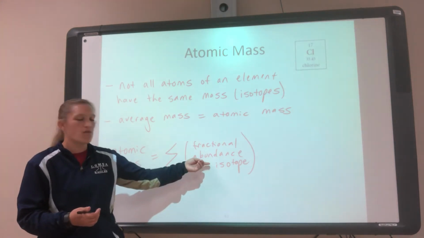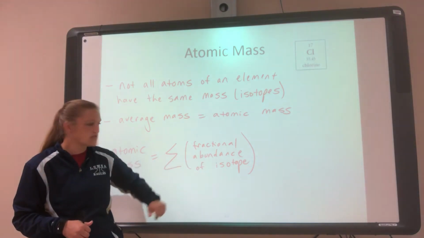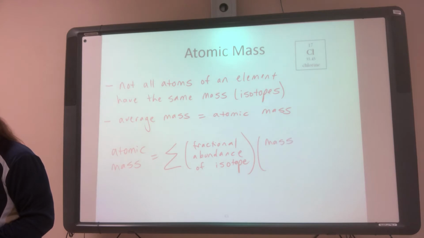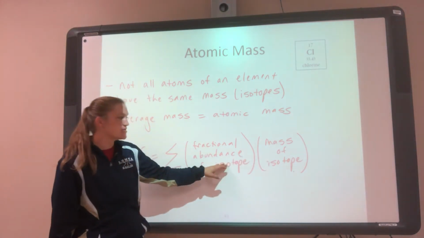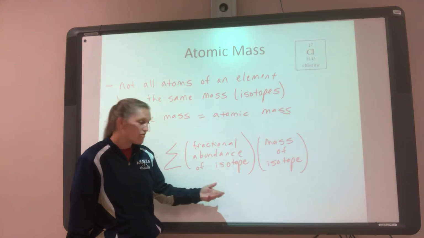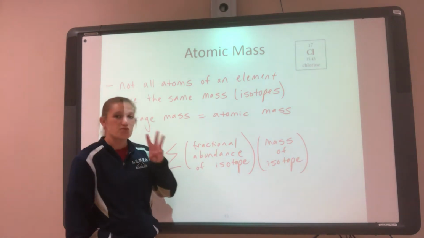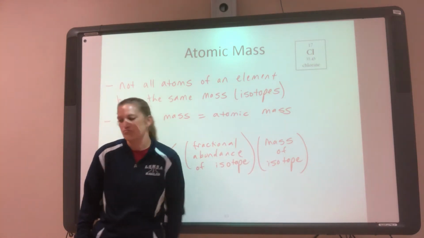So change the percentage to a decimal. So the decimal of my isotope's abundance times the mass of my isotope. I do this multiplication, and then I add it together for every single isotope I have. So that's what this means. If I have 3 isotopes, I do this for each isotope and then add those numbers together.